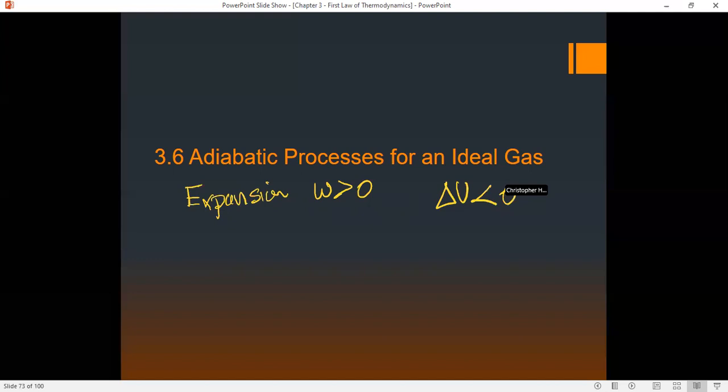Remember, work is opposite of the change in internal energy. So for an adiabatic process, for a gas undergoing expansion, a drop in the internal energy means that it's getting colder. Okay, it's cooling off.